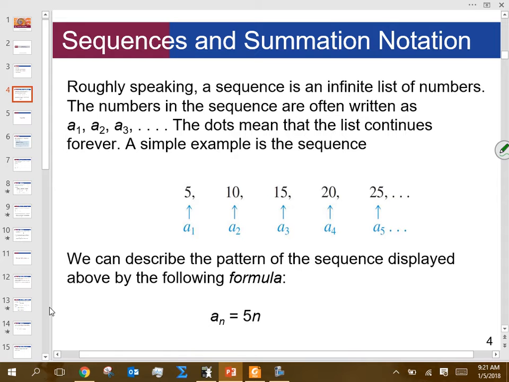But if I don't want to talk about the particular number in the sequence, but I want to talk about its location, if I look at the value 20 right here, that is the fourth object in the sequence, or the fourth object in our list. So we call that A sub 4, the 4 referring to the location of that object in our list.